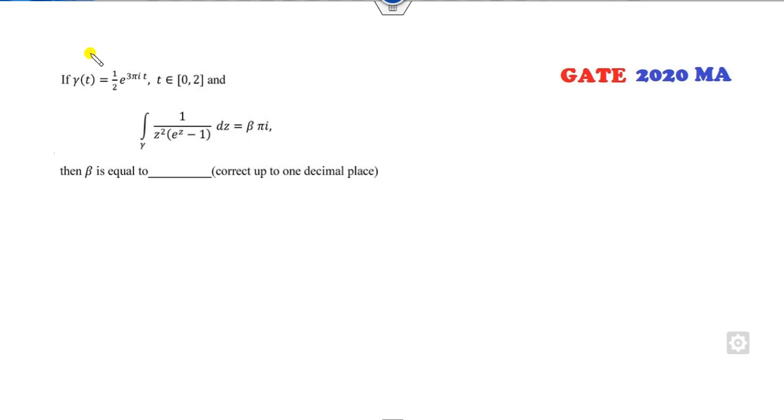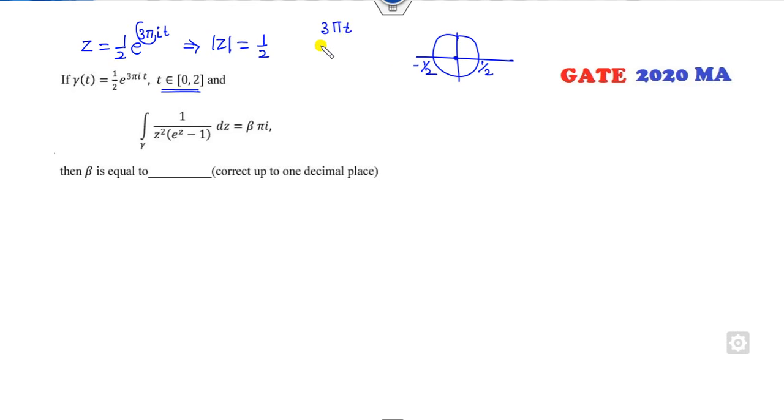Okay, you can see I can write this z is half e raised to power 3 pi iota t. What does it mean? It's a circle with center 0, radius half. Fine. And t is 0 to 2. Whenever t is 0 to 2, then 3 pi t belongs to 0 to 6 pi.